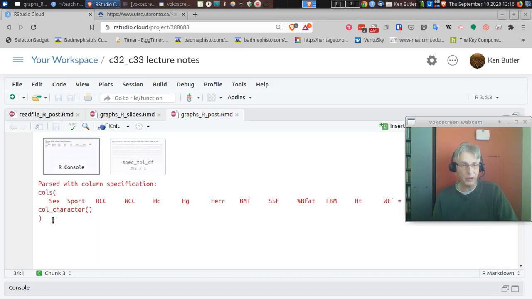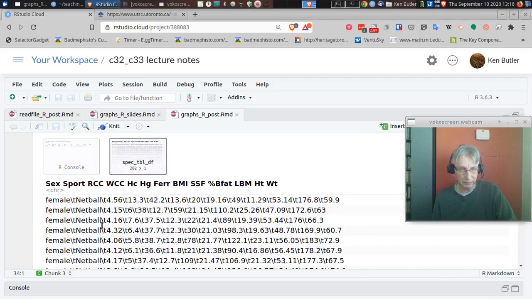Yes. What it tried to do was make one column called select sport RCC WCC HC, all the way down to the end. One column, and there's supposed to be 13, so this is not good. Here is what the one column contains: female \t netball \t 4.56 \t, etc. It's trying to crush all those values into one column, and that's not right, because we won't be able to get out things like height and weight.